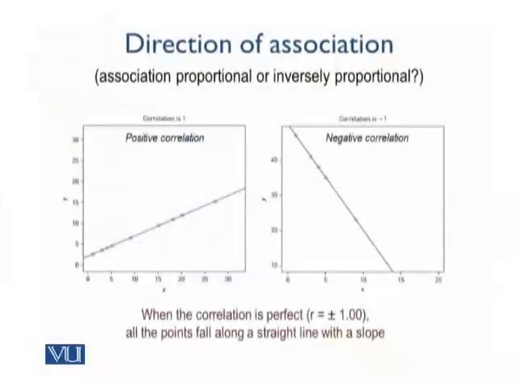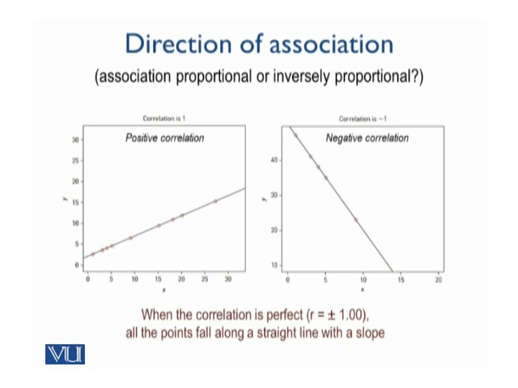So when we're measuring correlation in the mathematical sense, we define a measure, and typically we use the Pearson correlation coefficient, which is a measure which ranges in value from -1 to 1, where perfect correlations have absolute correlation coefficient values of 1.